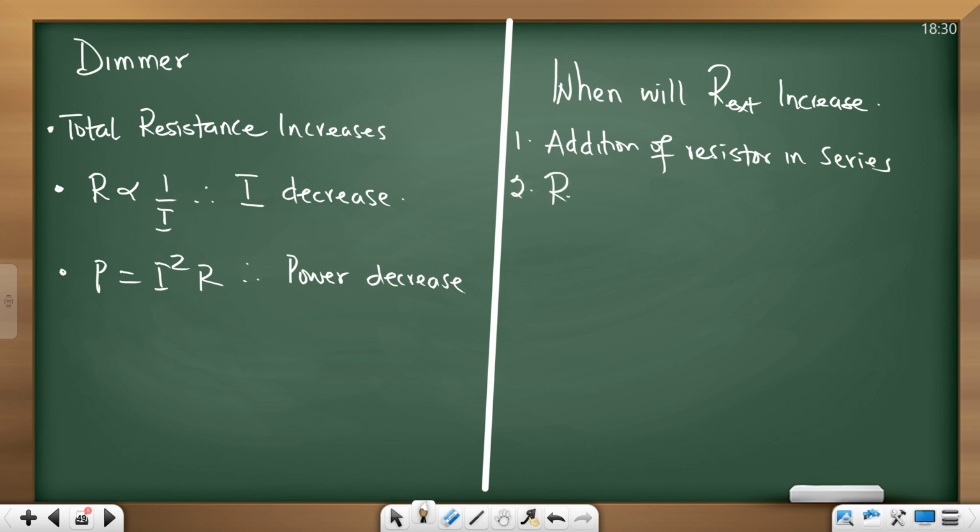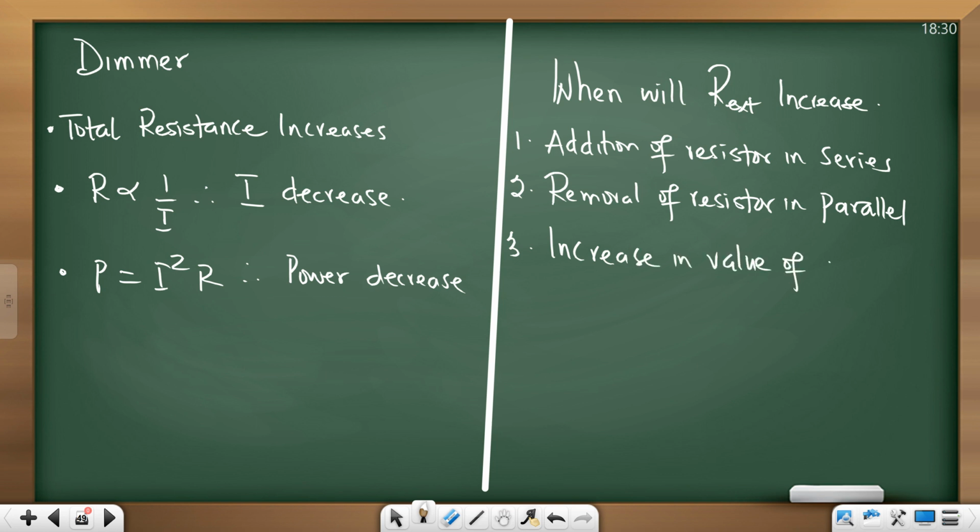Number two, a removal of a resistor in parallel. Number three, increase the value of any of the resistors. Once you do any of these three, the value of the total resistance will increase.